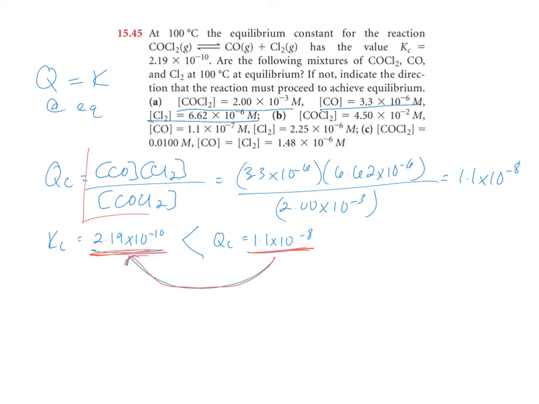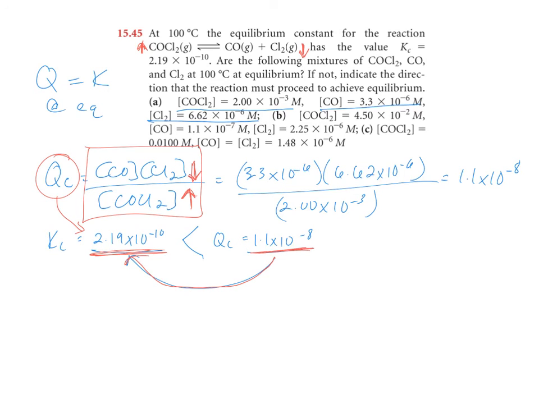So if we look at our fraction, in order to get this value to go down, my denominator must increase and my numerator must decrease. So in terms of the balanced chemical equation, that means your reactants must increase and your products must decrease.